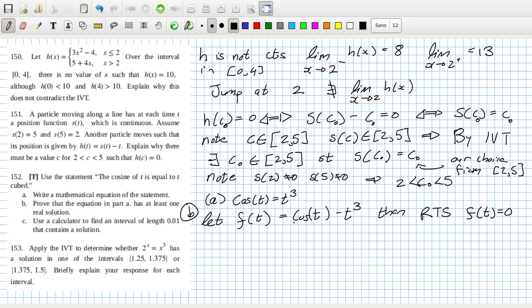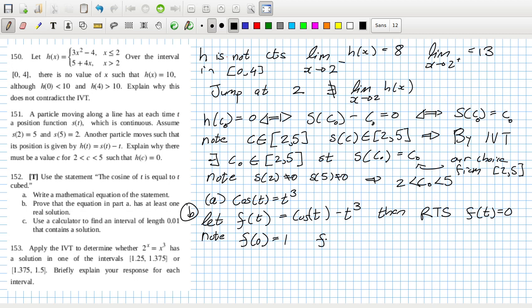It's the same thing as solving part A. So I just need to find a value that's positive and negative. Note that f of 0 equals 1, because cos 0 is 1.